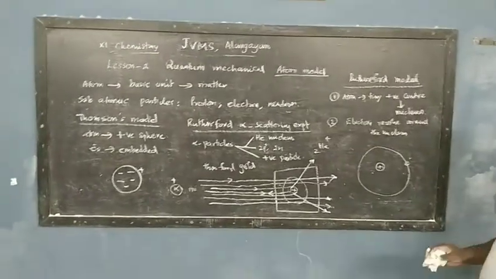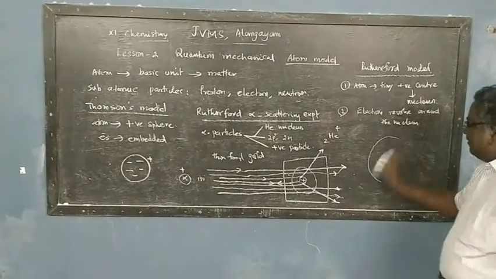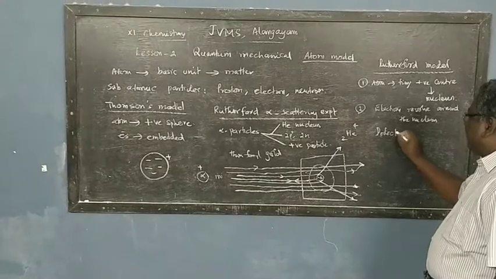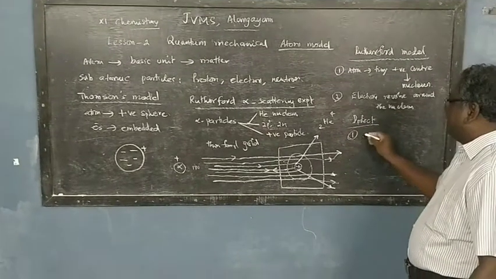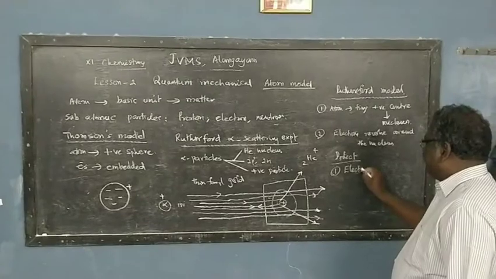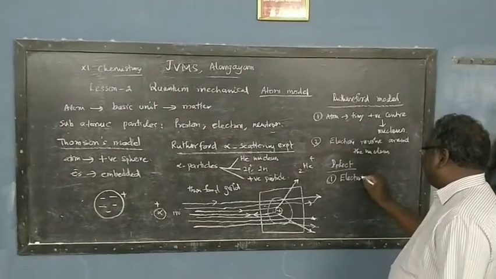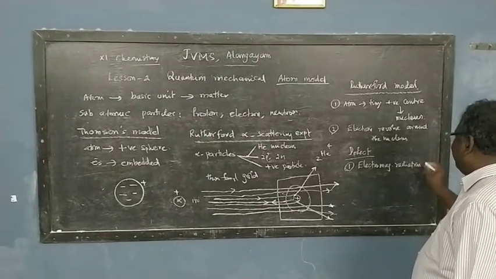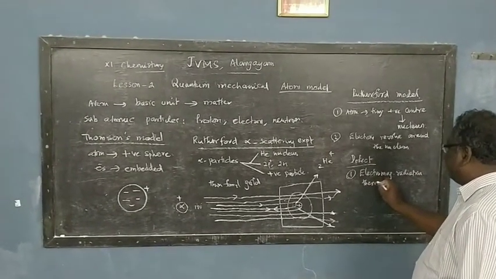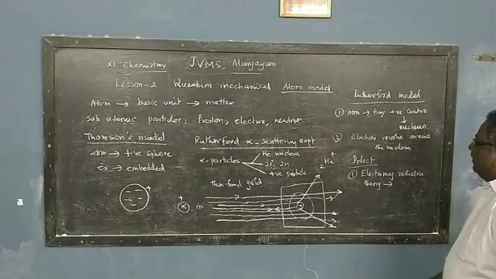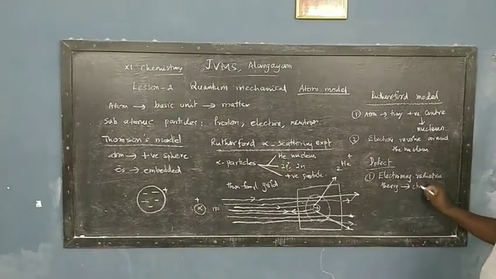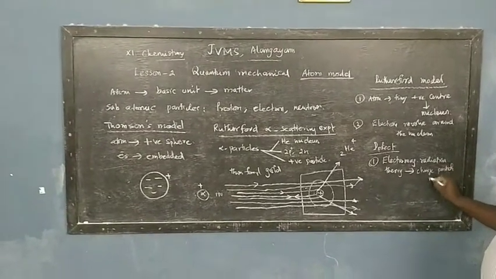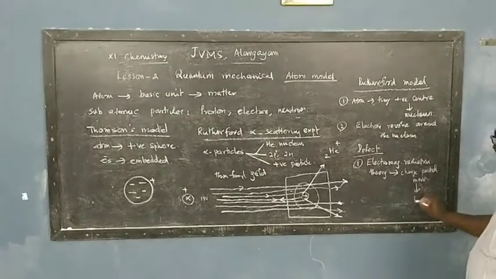But this model is also having a defect, right? So what is the defect in this Rutherford model, right? The first defect is that according to a theory called electromagnetic radiation theory, when a charged particle is moving, a charged particle when it moves, it will lose energy.